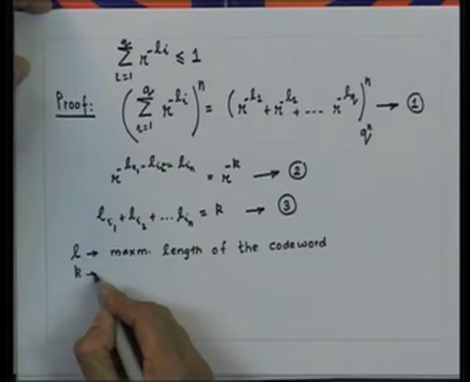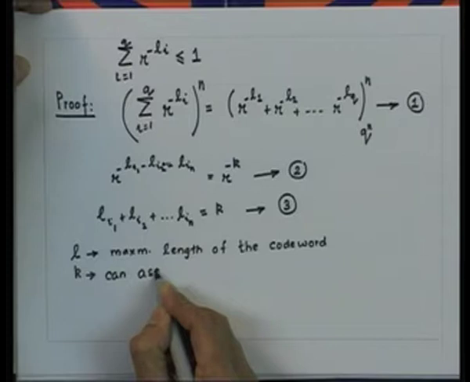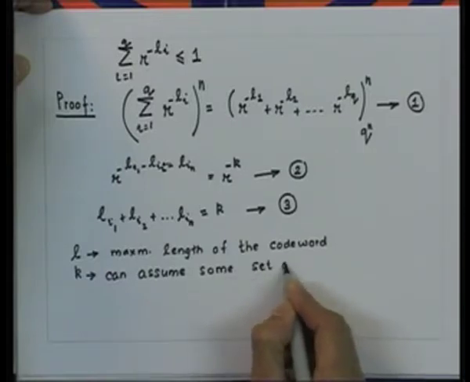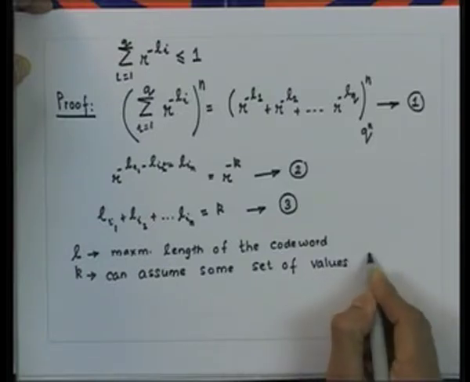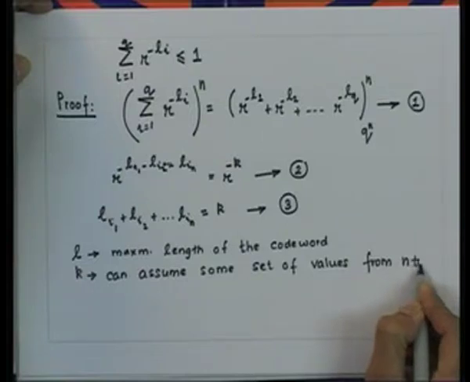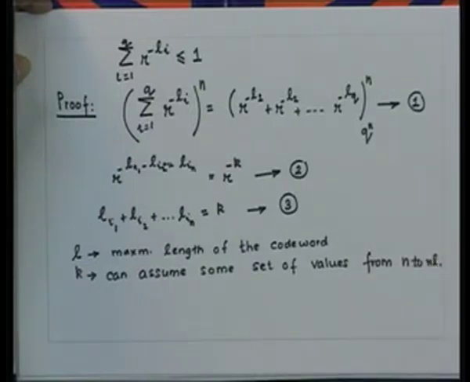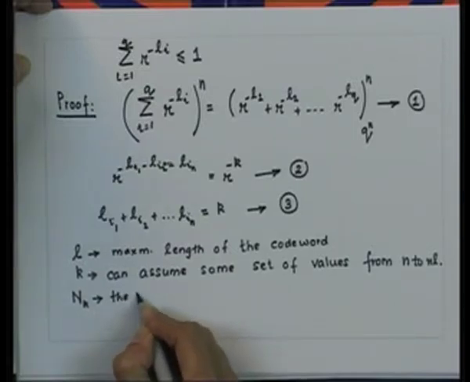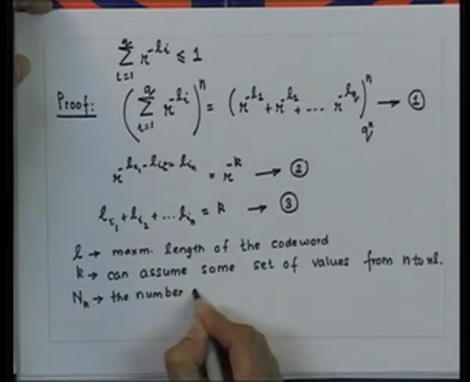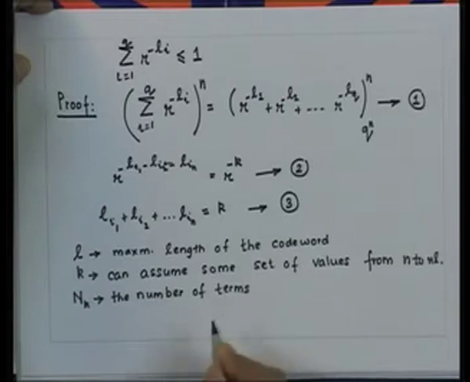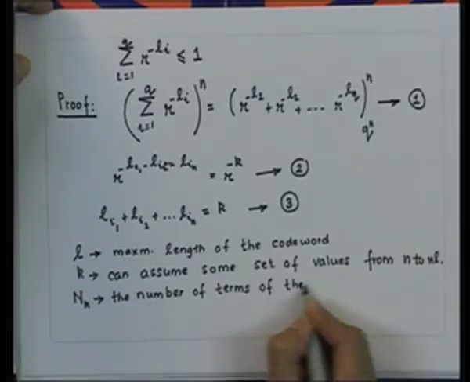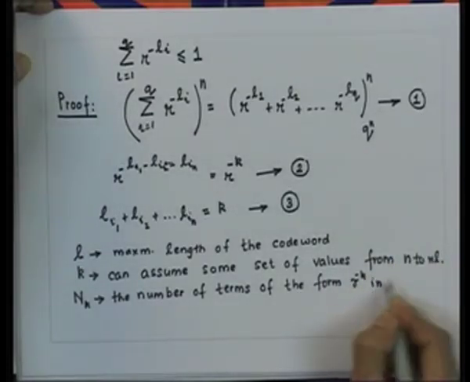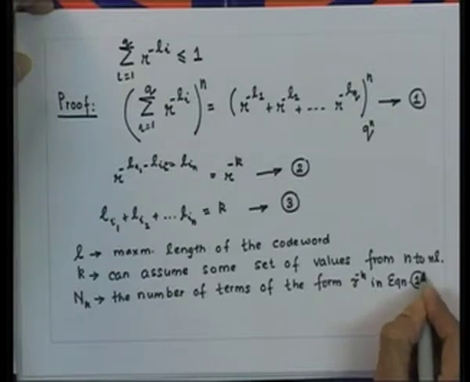Now, k can assume some set of values from n to nL, and let us define nk as the number of terms of the form r raised to minus k in this equation one.